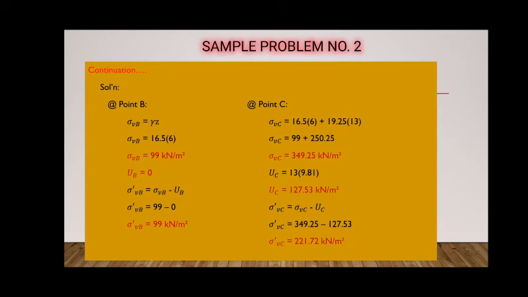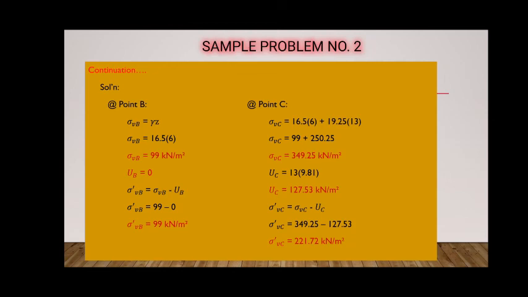For our pore water pressure, 13 is multiplied by 9.81, and we have 127.53 kilonewton per meter squared. Then for our effective stress, we also subtract the pore water pressure from the total stress.